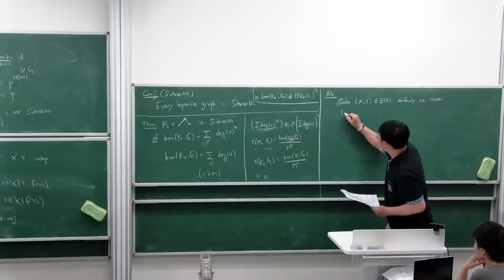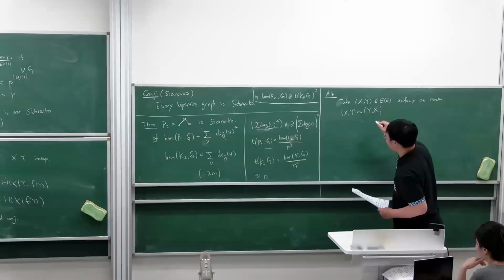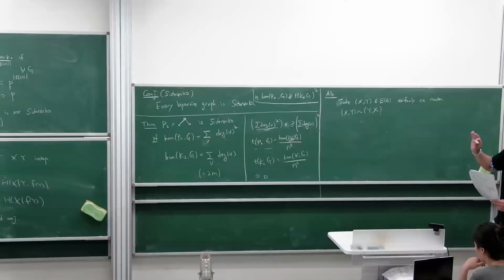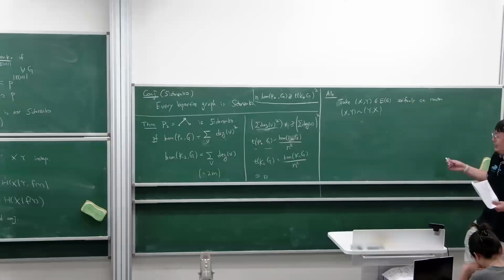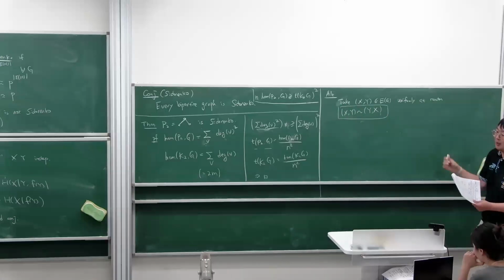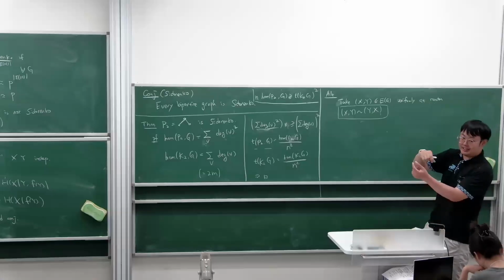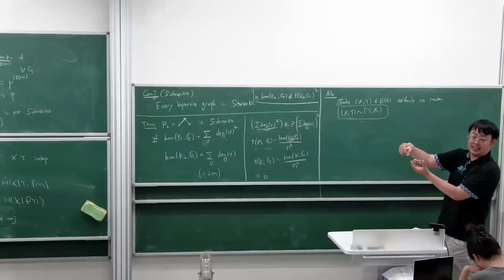In particular, you have this symmetry between xy and yx. That will not be super important here, but it will be useful for our later purposes. So you should always remember that when I talk about sampling an edge from a graph uniformly at random, it also has symmetry between all the vertices in that edge.